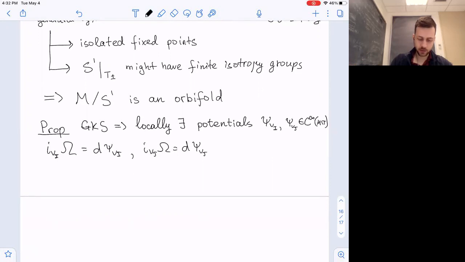Okay, maybe I'll just leave this proposition as is. It's a general fact about solitons. And the next proposition will be specific to the Gibbons-Hawking ansatz. So in the Gibbons-Hawking ansatz, we know what V_I and V_J are. V_I will be essentially mu2 and V_J is mu3. That's how we constructed these moment maps.